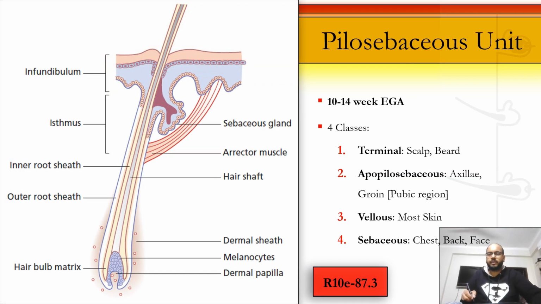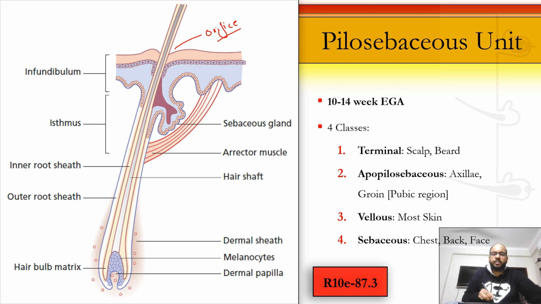Now, this is the pilosebaceous unit. I will not go into much detail because we covered that in last week's lecture. I will just remind you of the structures of a pilosebaceous unit. From the opening, this is the orifice, the hair canal orifice or the pilosebaceous orifice.